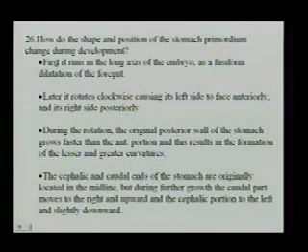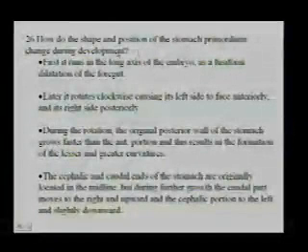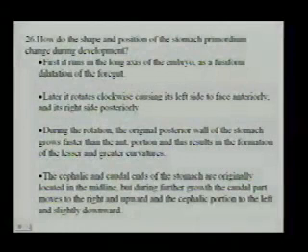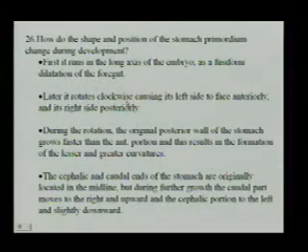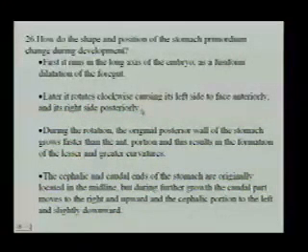So let's review the shape and position of the stomach primordium changing during this development. First, it runs the long axis of the embryo as a fusiform dilatation of the foregut. Later, it rotates clockwise, causing its left side to face anteriorly and its right side to face posteriorly.